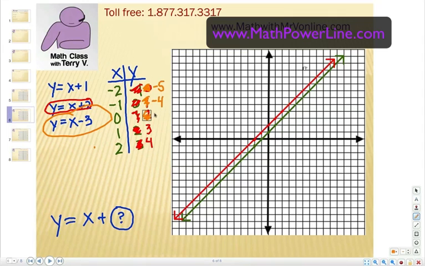And then negative 3, negative 2, negative 1. Let's take a look at that. Negative 2, negative 5. Negative 1, negative 4. 0, negative 3. 1, negative 2. 2, negative 1. Obviously, you see a pattern.